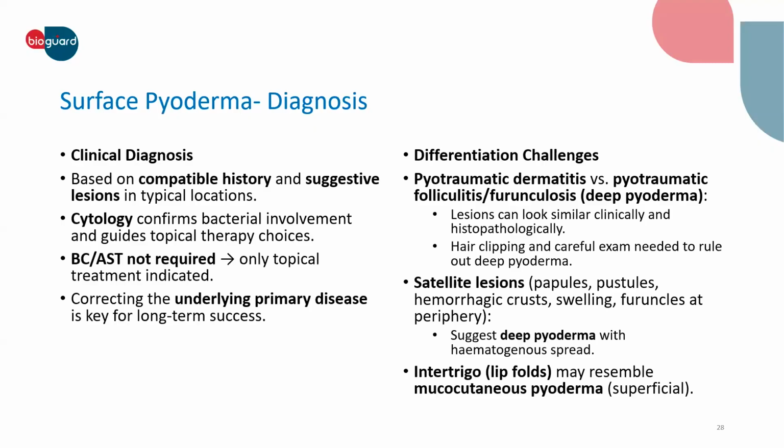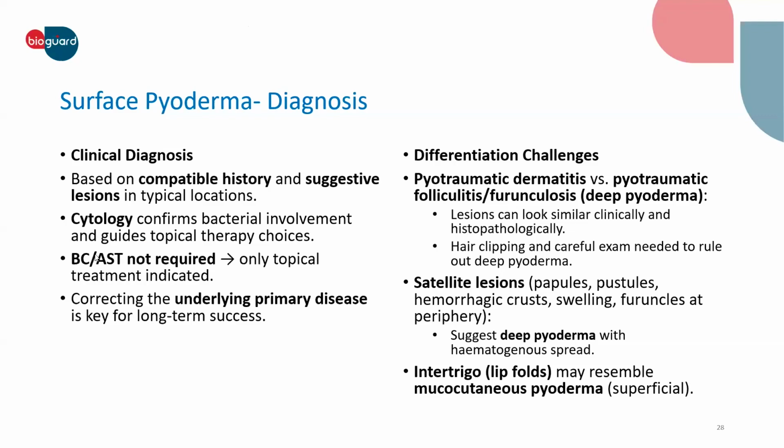And for diagnosis of surface pyoderma, it is usually based on compatible history and suggestive lesions in the typical location, and cytology can confirm the bacterial involvement and guide the topical therapy choice.